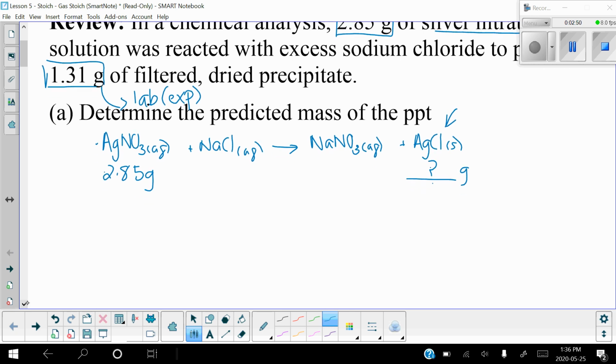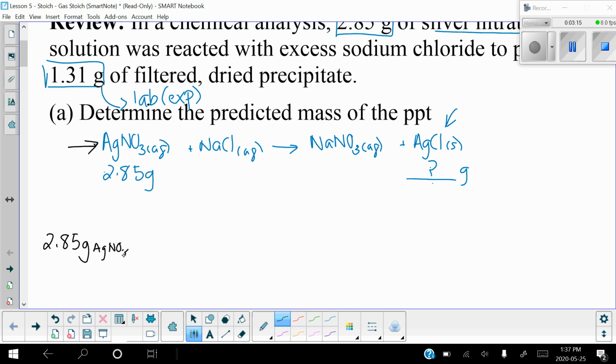I like to leave a little extra room underneath my reaction just in case I need to list anything else. Let's begin writing our Stoic statement. You're going to start with what you know. I have silver nitrate, so I'm going to start with 2.85 grams of silver nitrate.